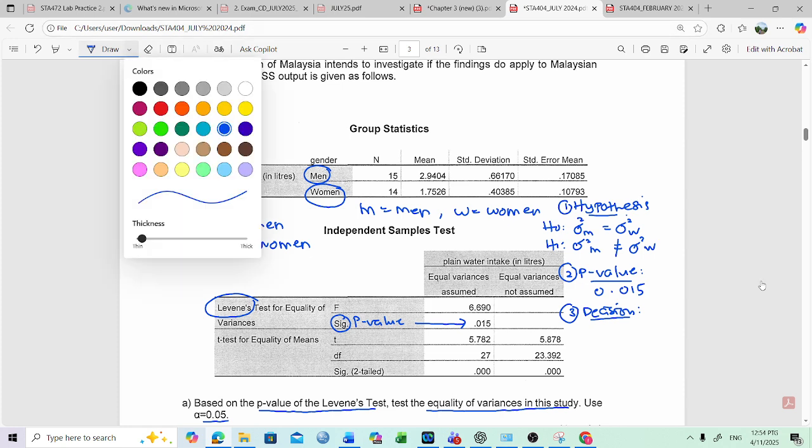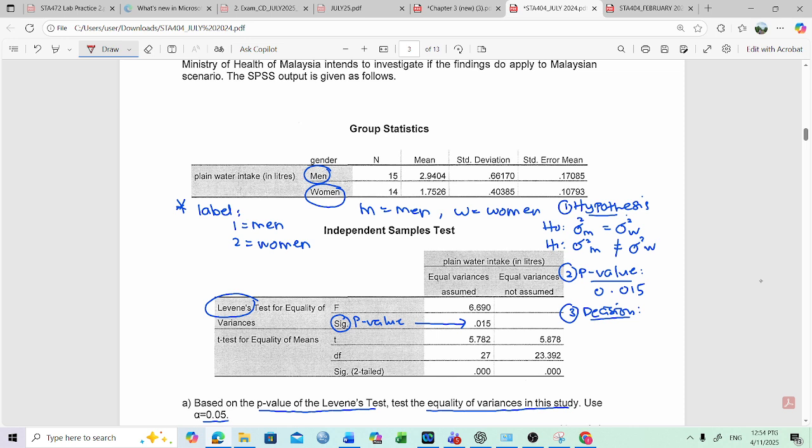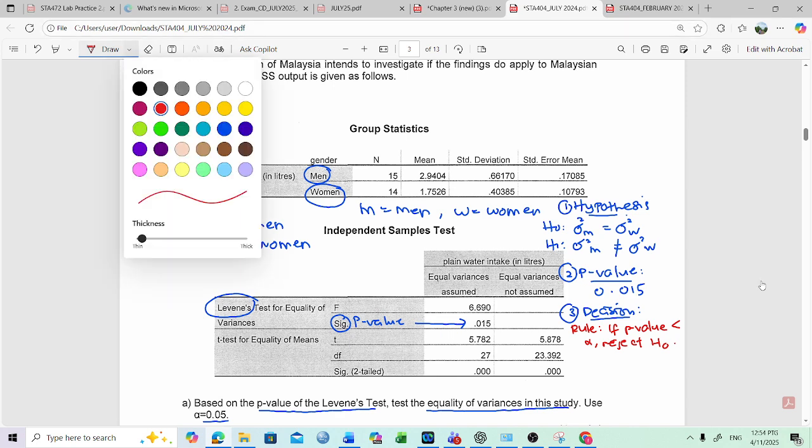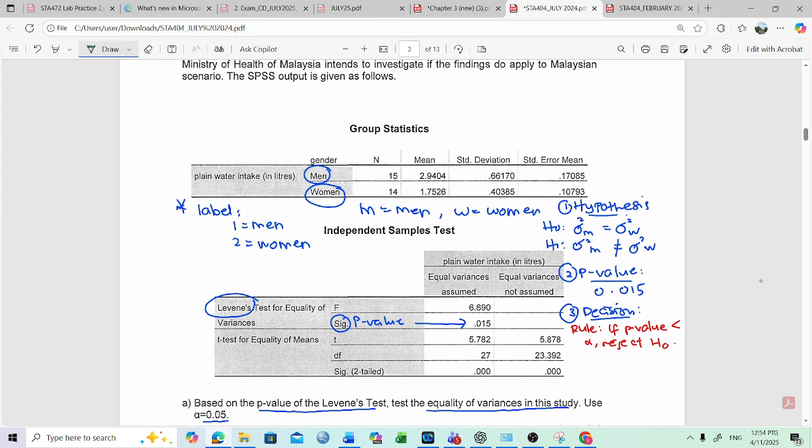Please write the rule because it is very important. It will guide you on how to make the decision. The rule here is: if p-value less than or equal to alpha, then reject the null hypothesis. This is the rule. And you continue with the decision.